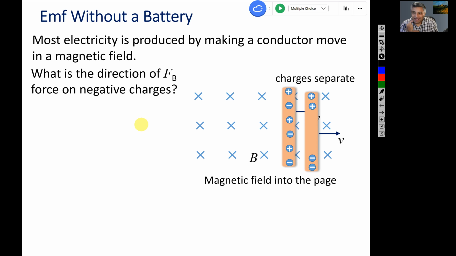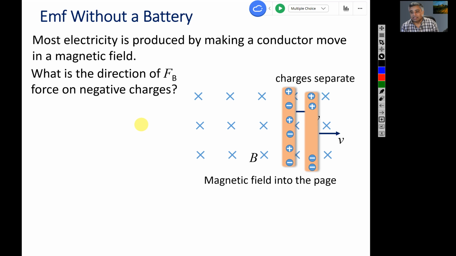And whenever we have that kind of positive and negative charge separation, that's how a battery works. In a battery, there are two terminals. One terminal is positively charged, another terminal is negatively charged. So now this has one kind of charge on one side and another kind of charge on the other side.